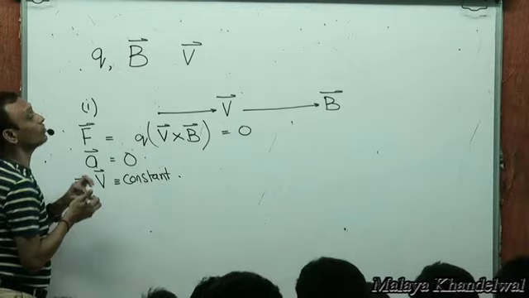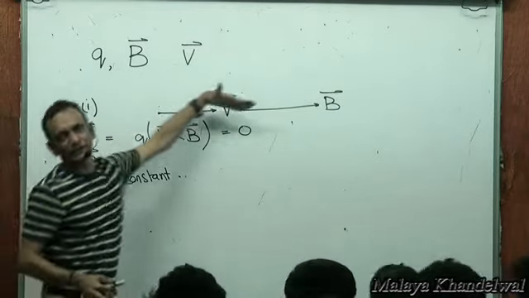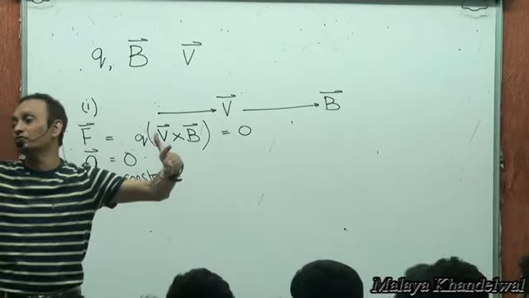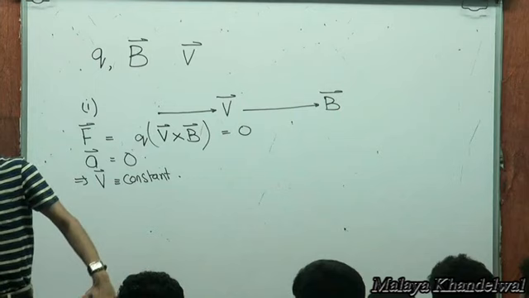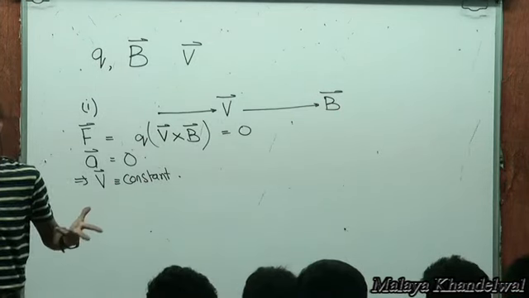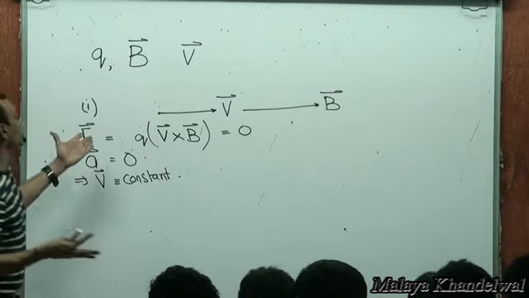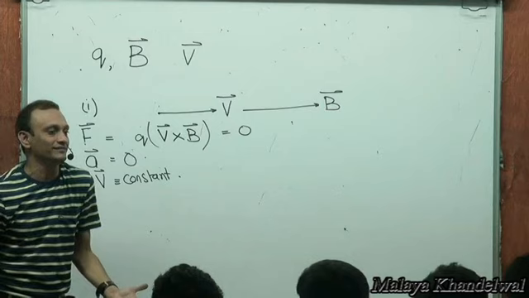Therefore, the particle will go undeflected, undeviated through a region of a magnetic field, if it enters the field with a velocity parallel or anti-parallel with the field, right? It will not even know of the existence of the field. Why? Because the force because of the field is 0, so it will not even know that there is a magnetic field.